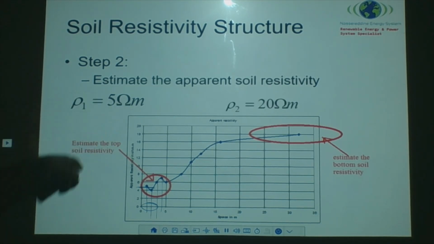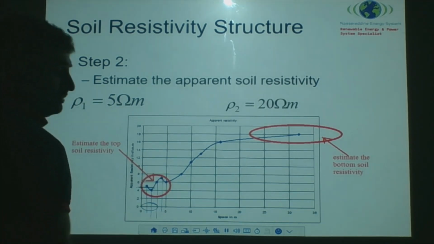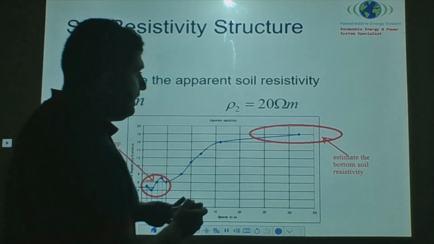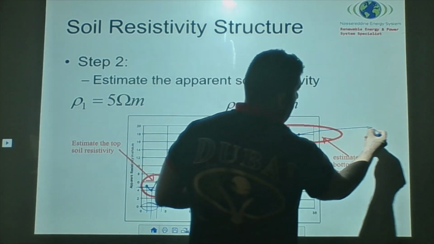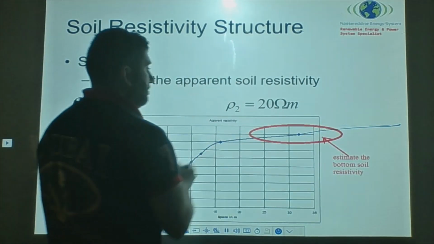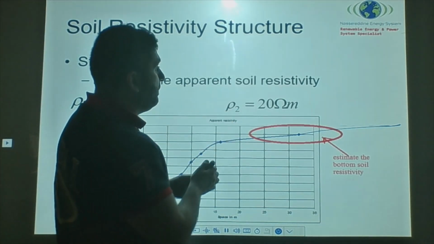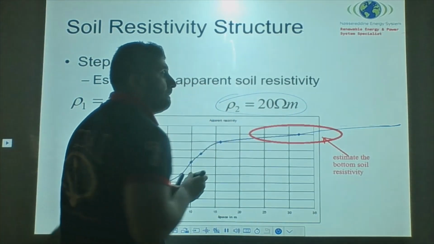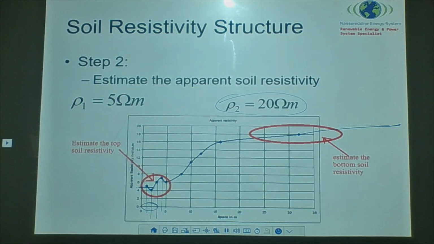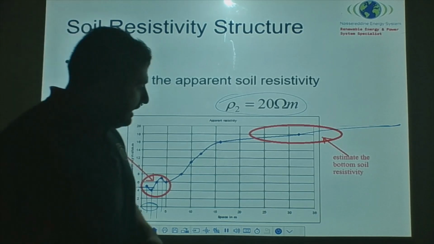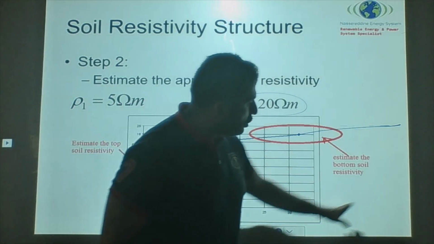What about this point? The rule for this point is I need to continue this until I get almost to infinity, and I estimated this. I estimated it to be 20. I couldn't, because the area didn't allow me to go to infinity.